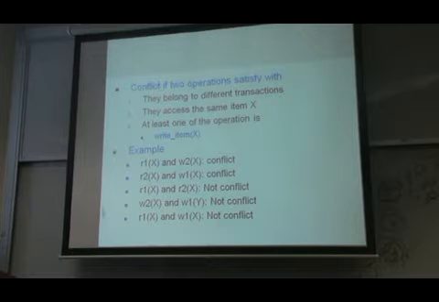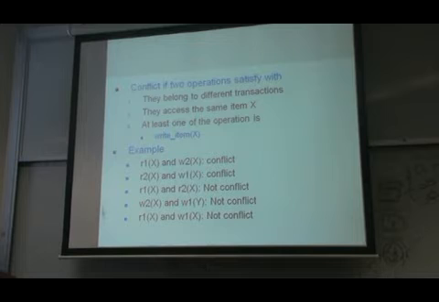In the file system, did you learn the transaction? Do you learn the race condition? What is a race condition? More than one process accessing the same memory, the shared data, right?